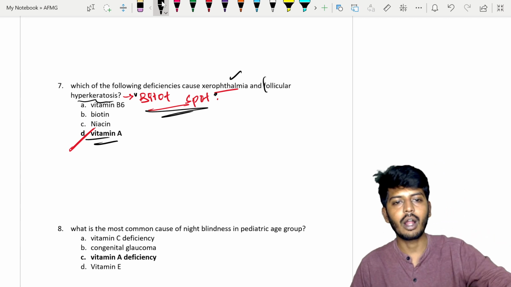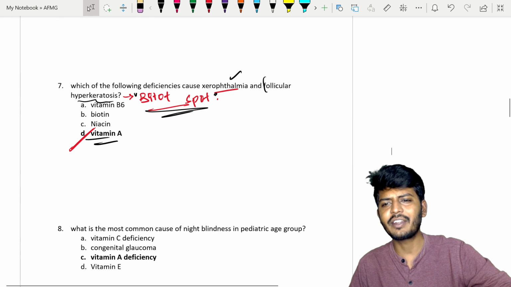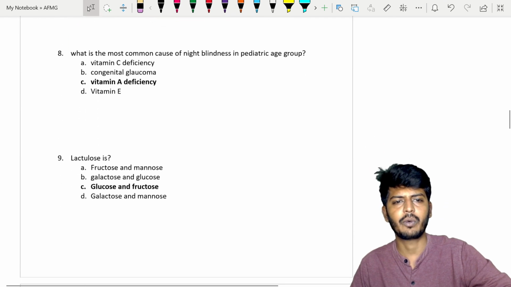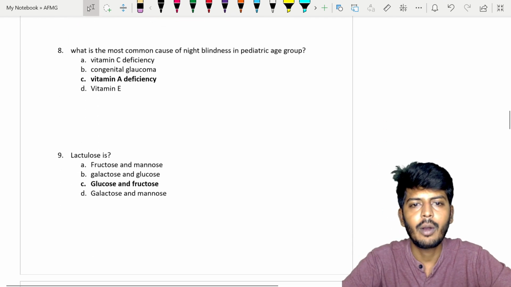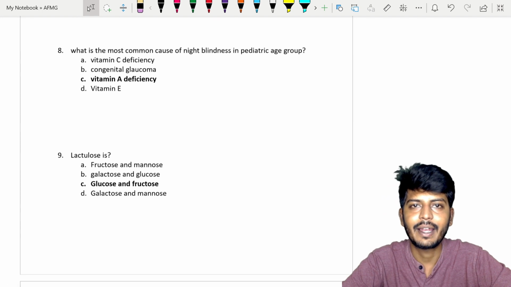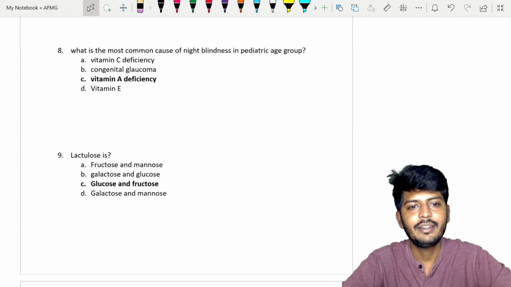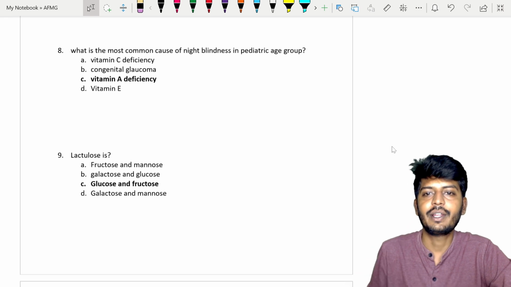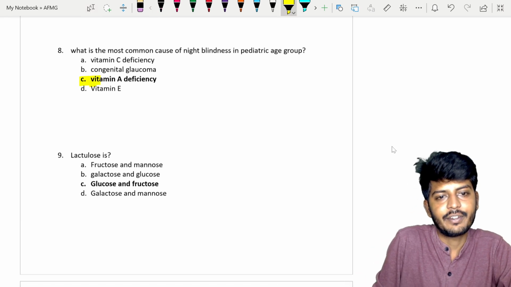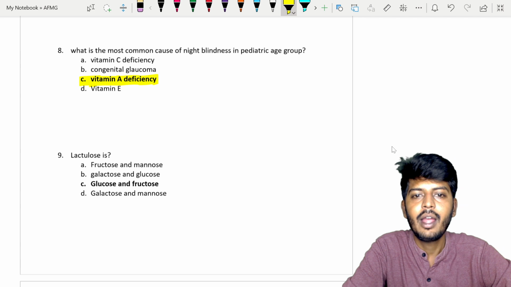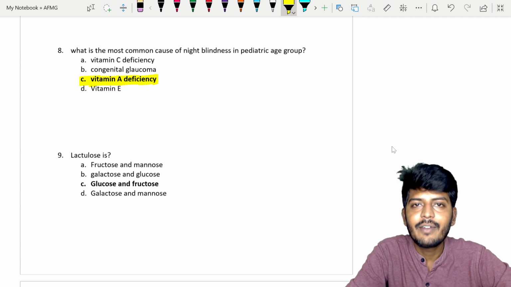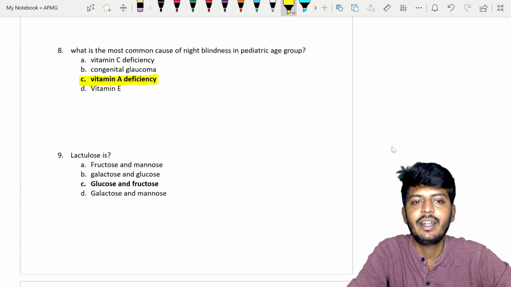Okay. All right. Let's go. These are very straightforward questions. Not much logic is required. What is the most common cause of night blindness in the pediatric age group? Remember, night blindness in the pediatric age group is always vitamin A deficiency. We are talking about nyctalopia. Nyctalopia is a very specific symptom of vitamin A deficiency among the given options.